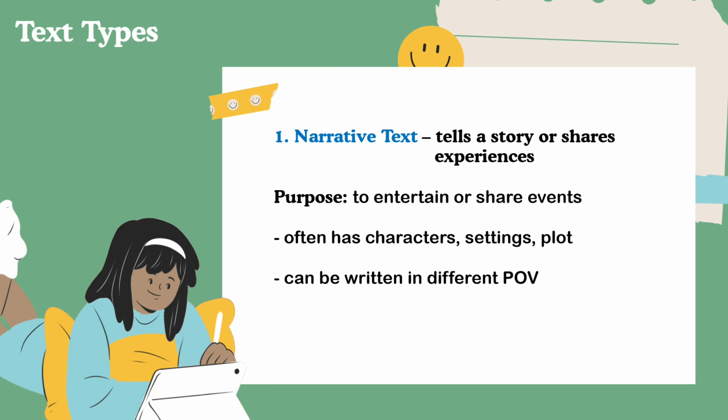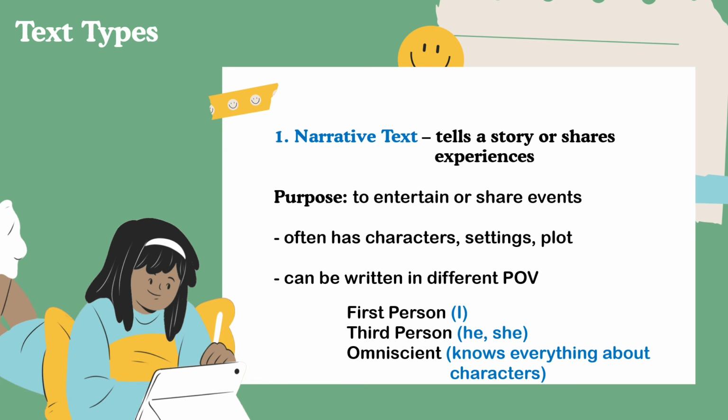A narrative can be written in various points of view, such as first person or the use of I, third person or the use of he or she, or omniscient, when the narrator knows everything about the characters.